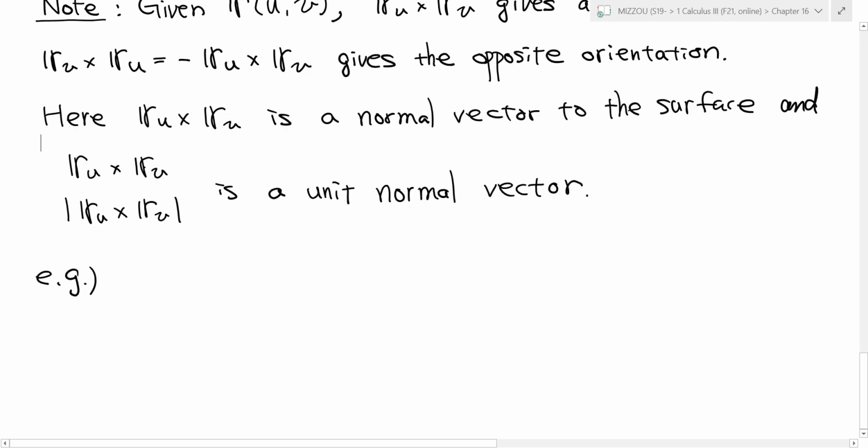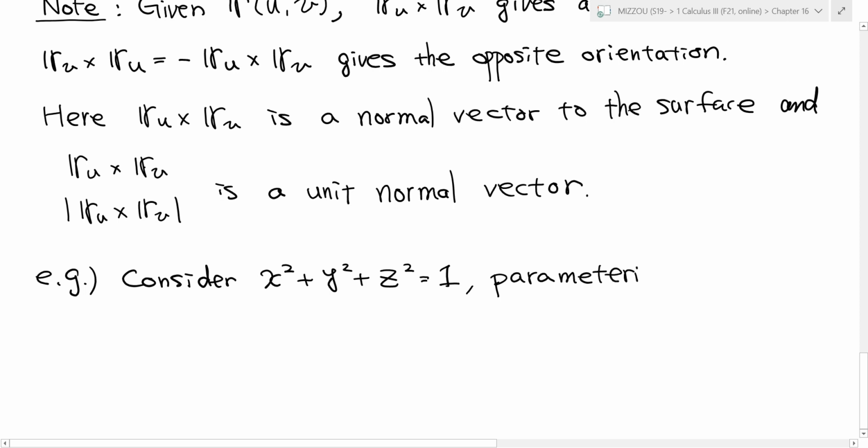Okay, so for example, let's consider x squared plus y squared plus z squared equals 1. It's a sphere with radius 1 centered at the origin. Parameterized by, since it's a sphere, we use spherical coordinates.